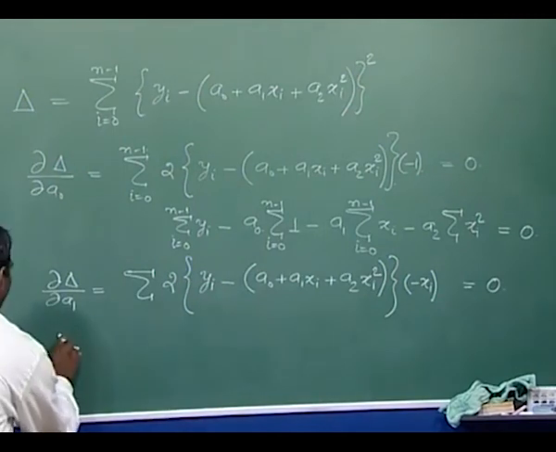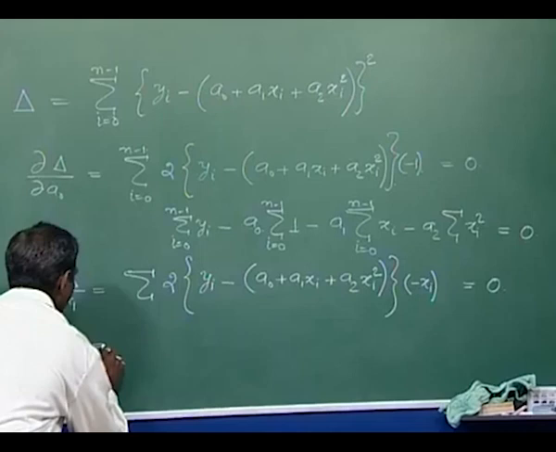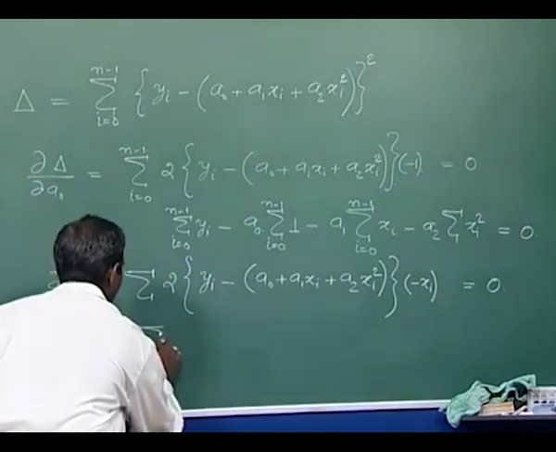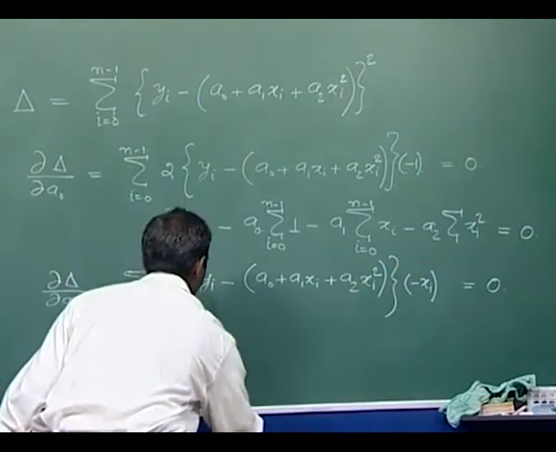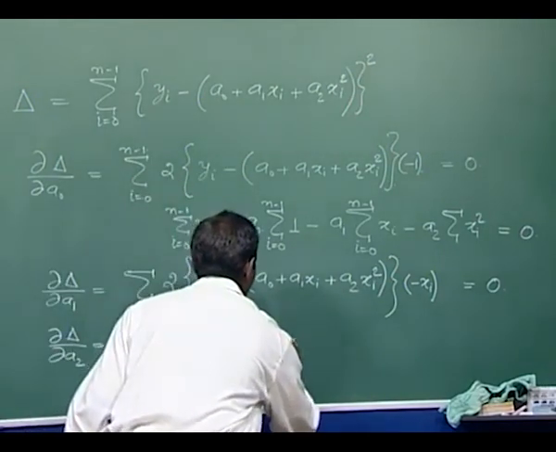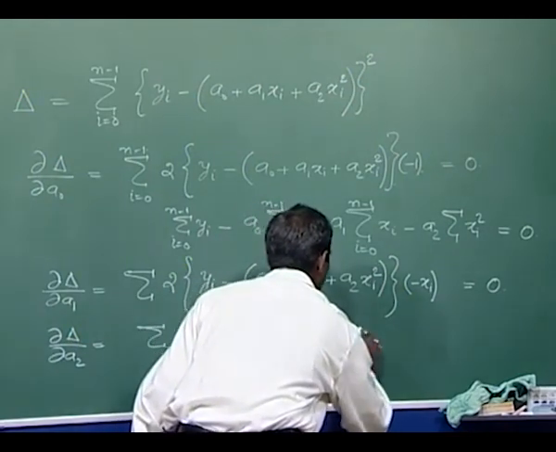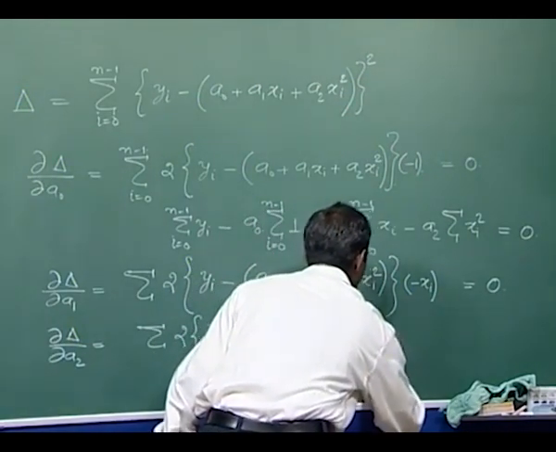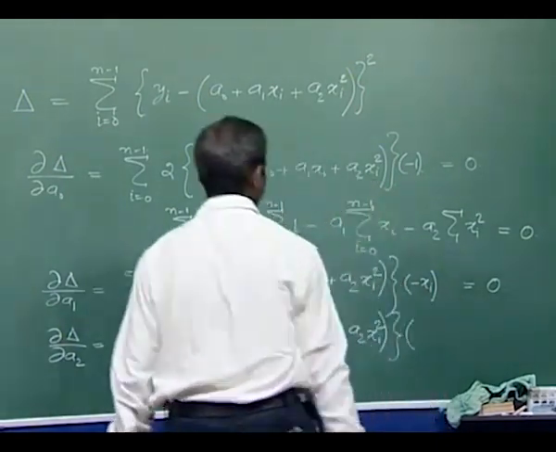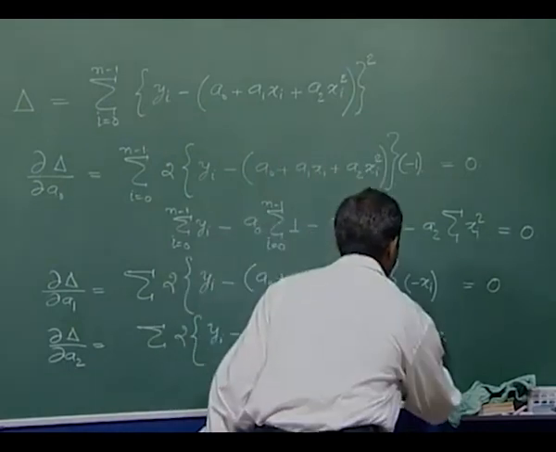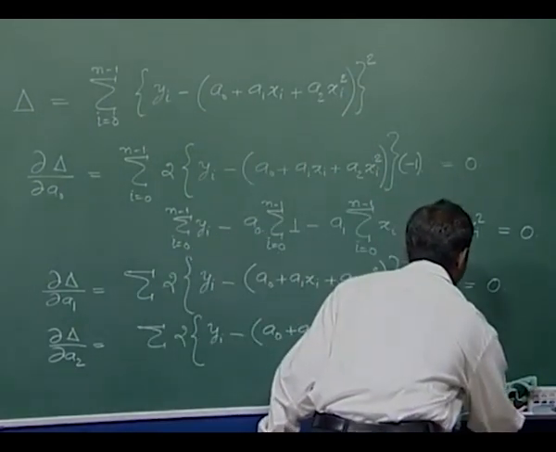Likewise, partial capital delta over partial a2 will be equal to summation 2 times yi minus a0 plus a1 xi plus a2 xi squared, times 2 xi. This is equal to 0.